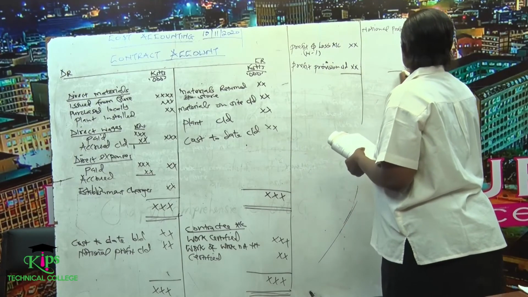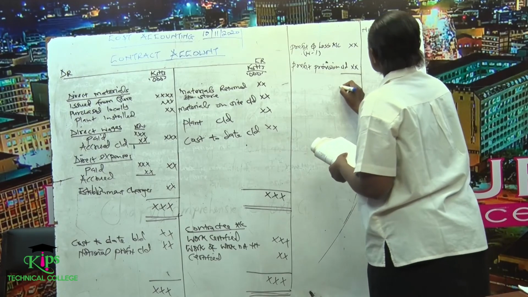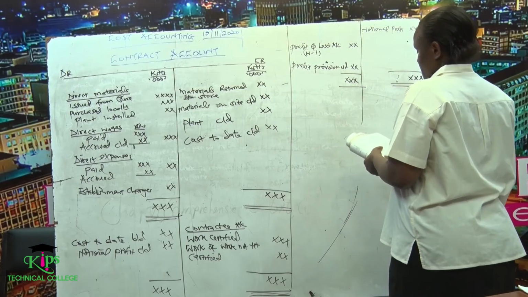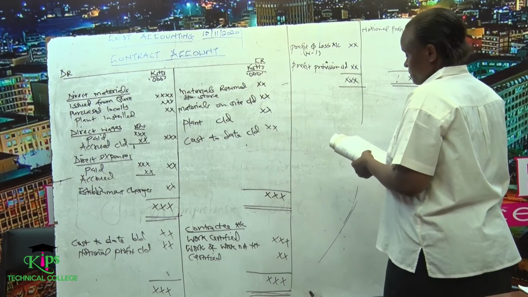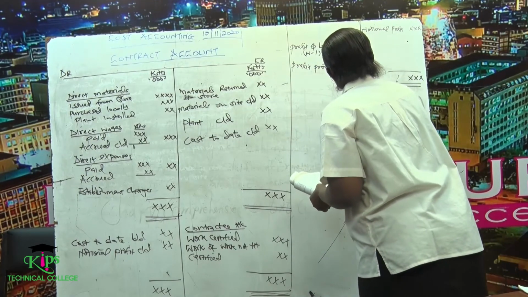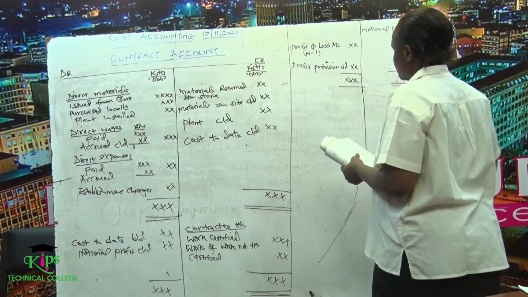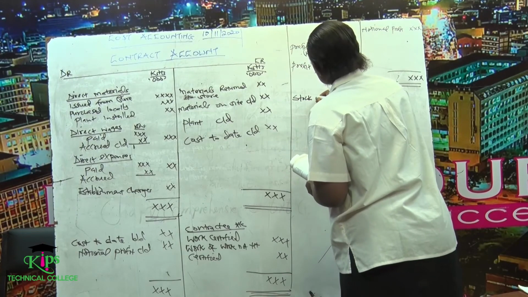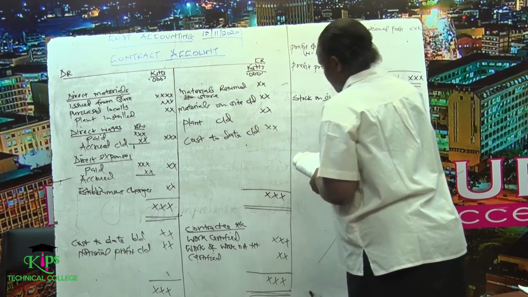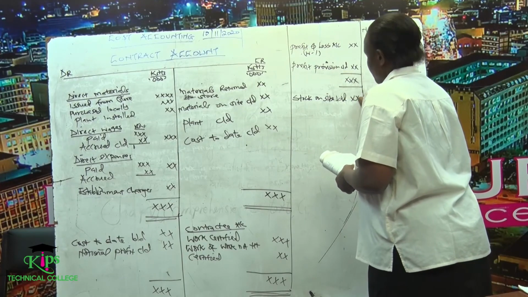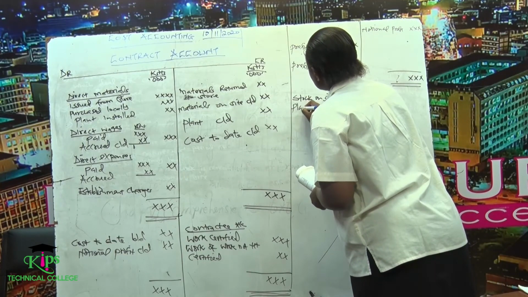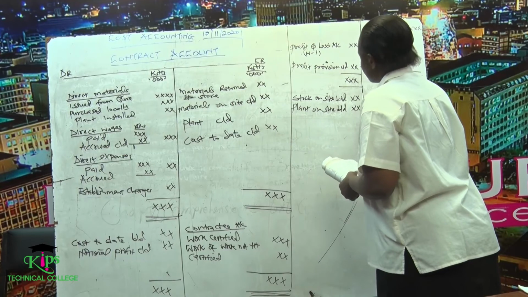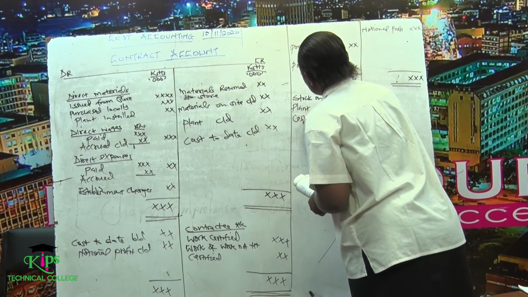The amount which you get should be equal to the notional profit. Then on completion, there is stock remaining on the site where the contract is being carried out, and you write on the debit side, stock on site. Then we have the cost of work certified.